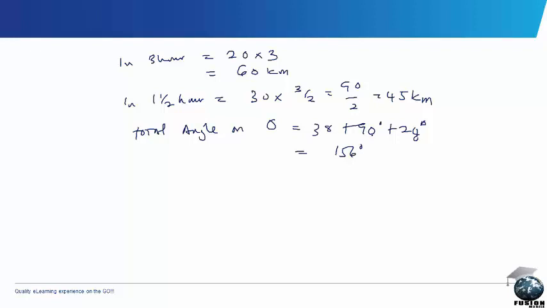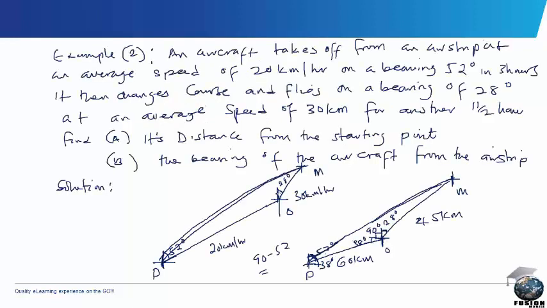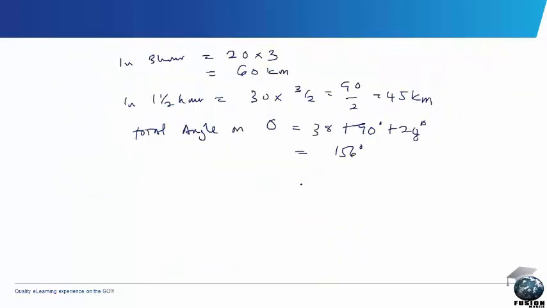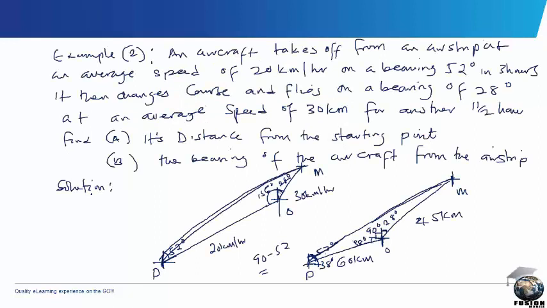I think that's right. So what we are saying is that the total angle at this point is 156. I think the 2 triangles can work now. To find the distance of separation, remember we have the angle O and we have the 2 sides. So we'll first find the side, the distance of separation.